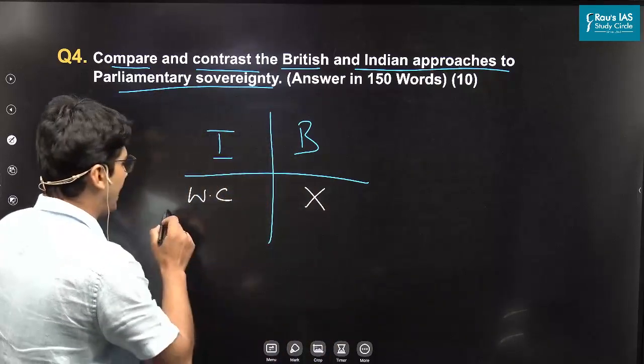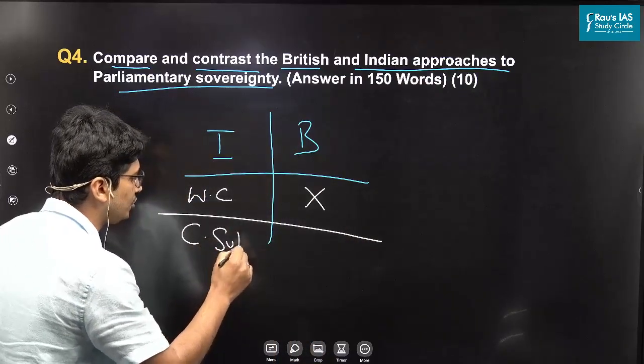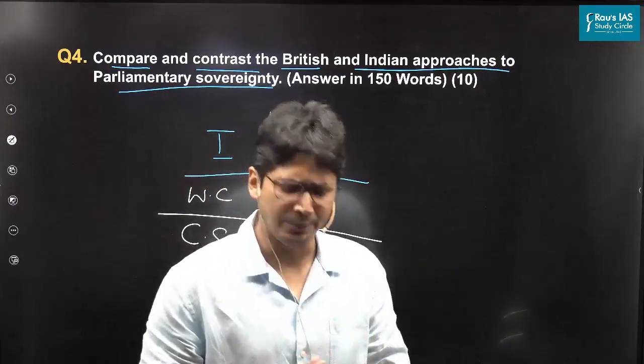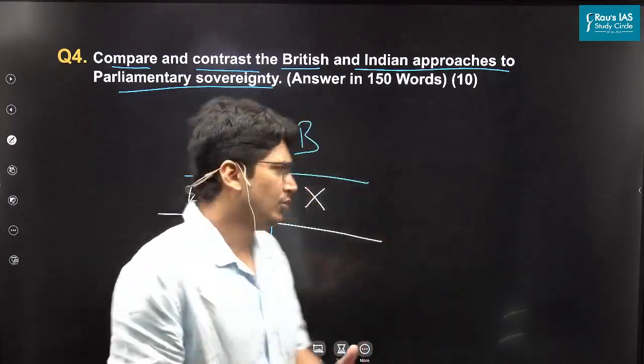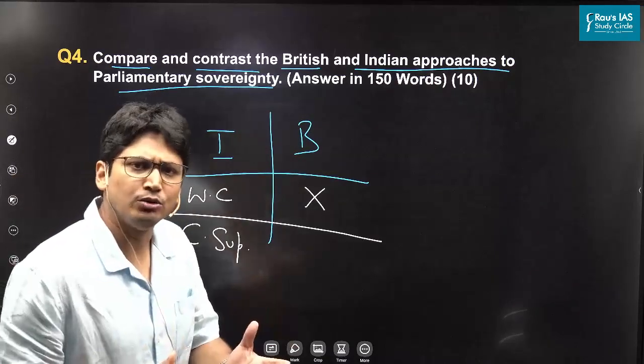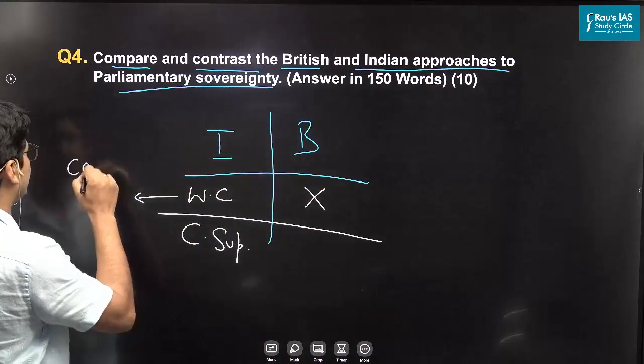And since we have a written constitution, we follow the principle of constitutional supremacy rather than parliamentary sovereignty. And as we all know, our written constitution inherently also contains the element of constitutionalism.